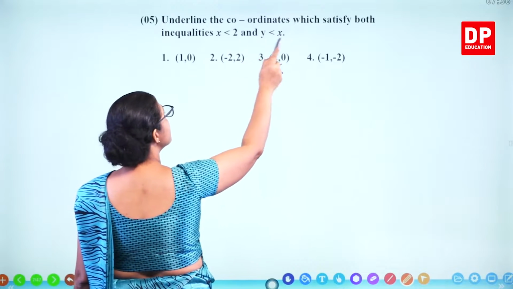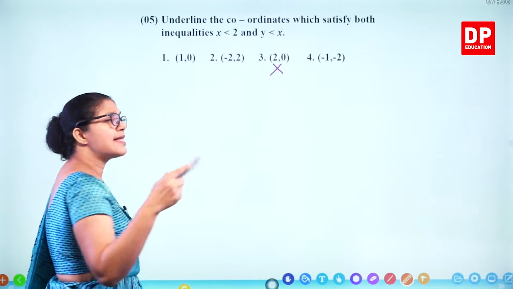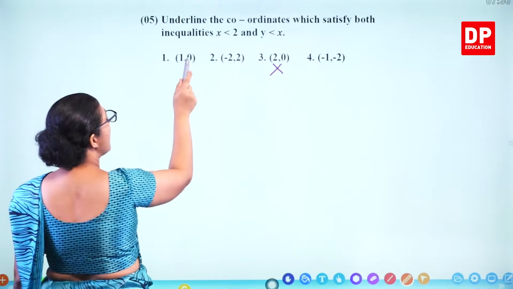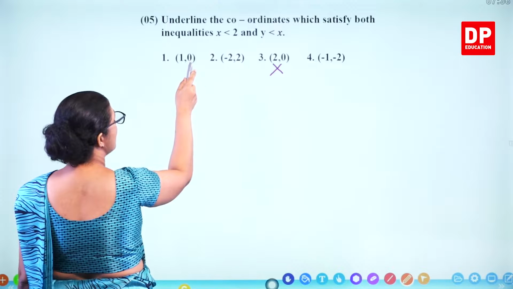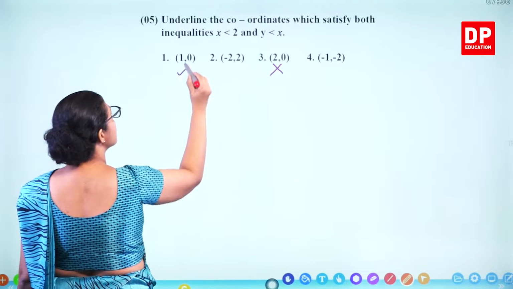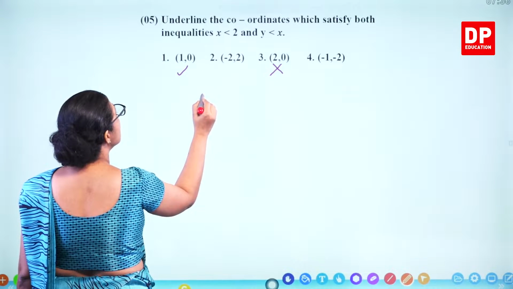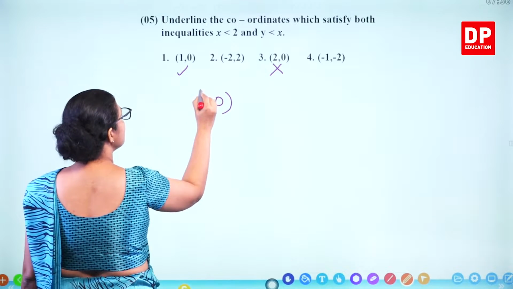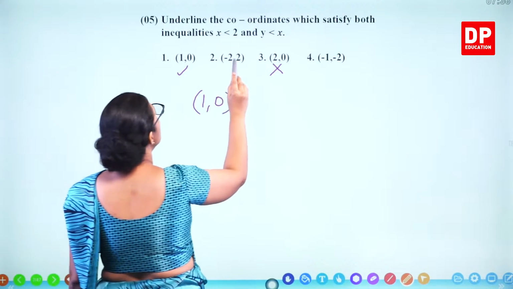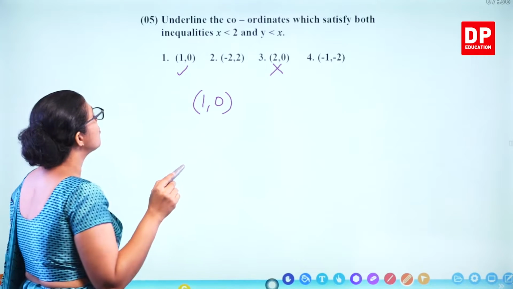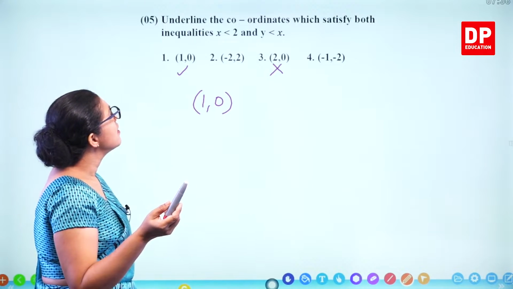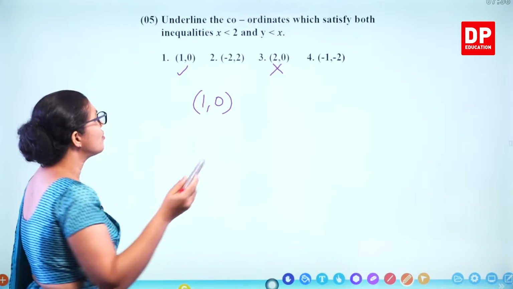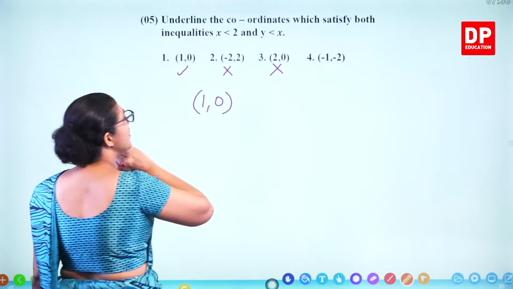Now look at the next inequality, y is less than x. Y value should be less than x. 0 is less than 1, so that's correct. So you can write 1, 0. This one, minus 2 is not greater than 2, so you can't consider this as well.